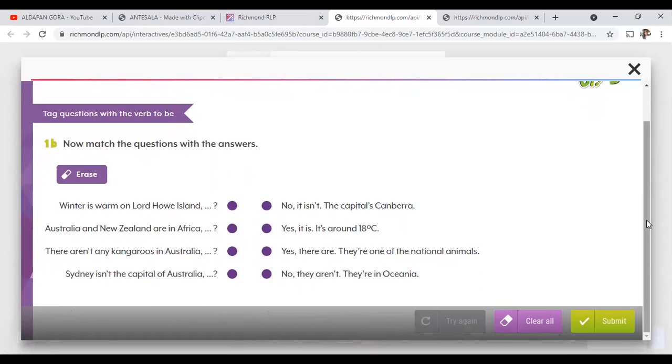1, winter is warm on Lord Howe Island. Isn't it? What is the answer? Yes, it is. It's around 80 Celsius. Second, Australia and New Zealand are in Africa.